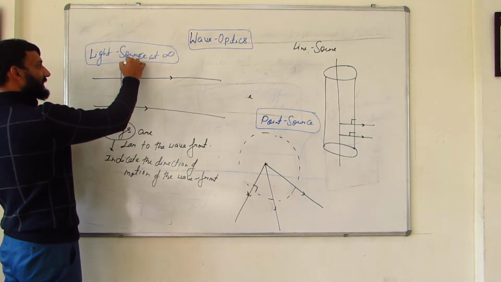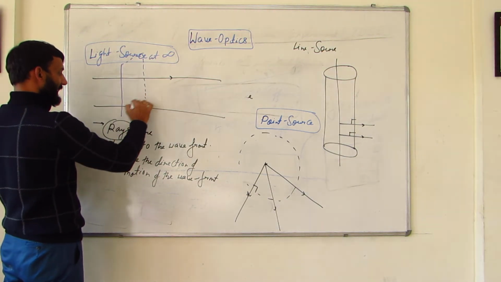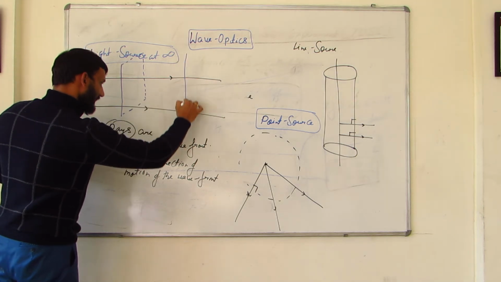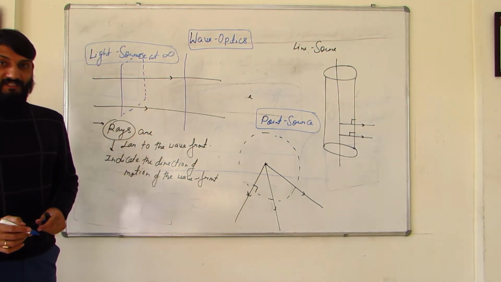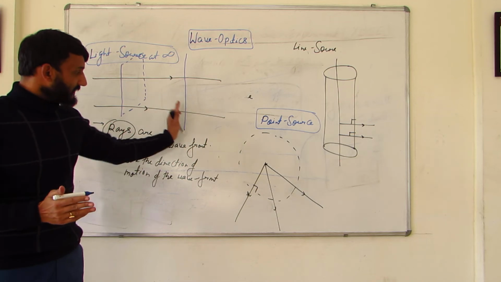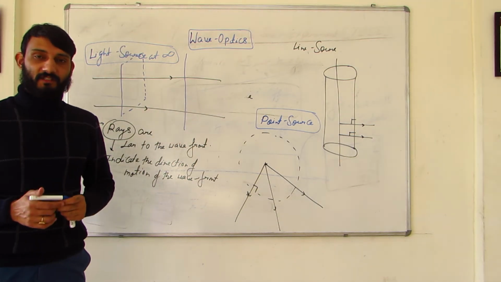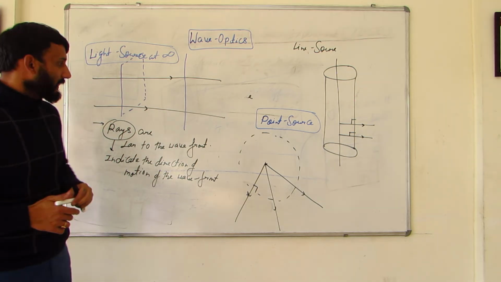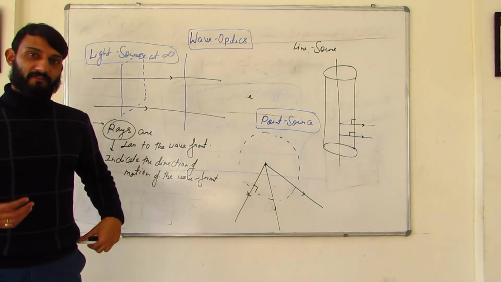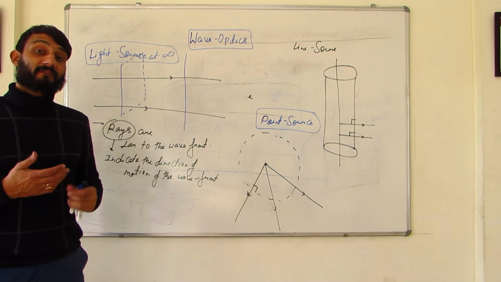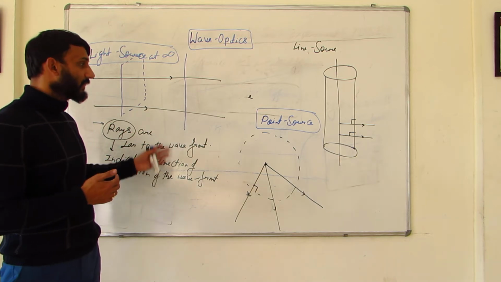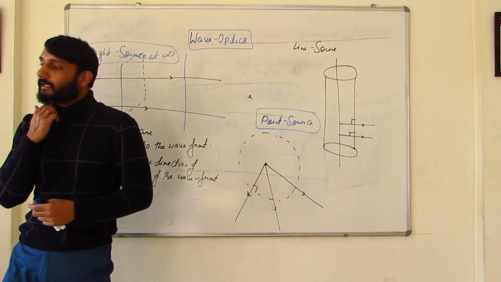I am not drawing a plane like this; actually it will be a plane like this, but I am just drawing a simple line. This line represents the plane which is the wavefront for a light source situated at infinity, right? So this is about the wavefront. How do we define wavefront? And we have different types of wavefront depending upon the source of light, right?